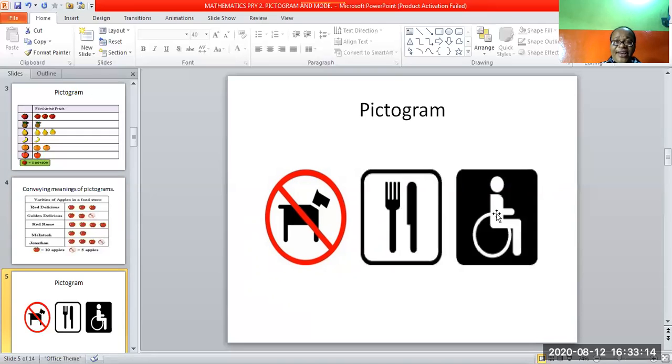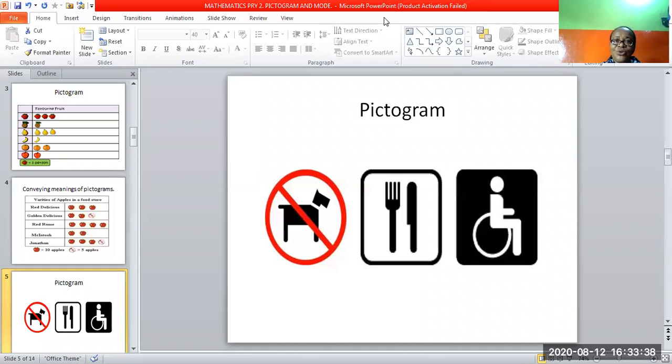Then we go on to see that those on wheelchairs can as well come in. If you go in there, you will see people on wheelchairs. Are we together? Beautiful.